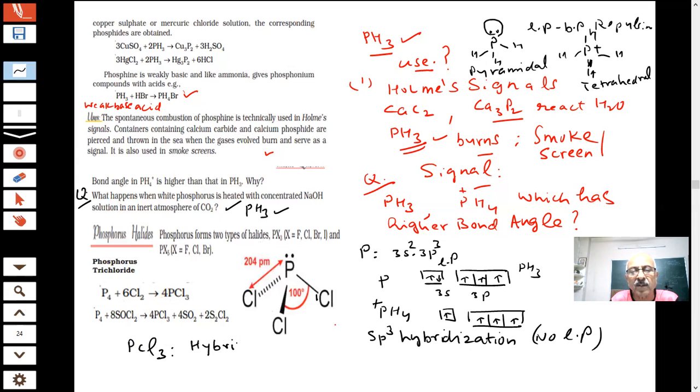It would be sp3. One lone pair, three bond pairs, total four, so it is sp3. This is a trick. Since there is a lone pair, the bond angle is reduced due to lone pair-bond pair repulsion. Bond length is 204 picometer.